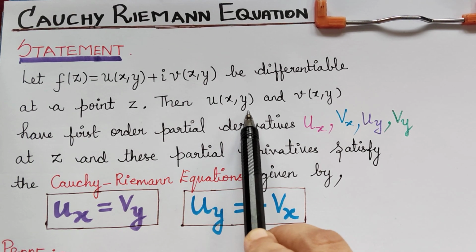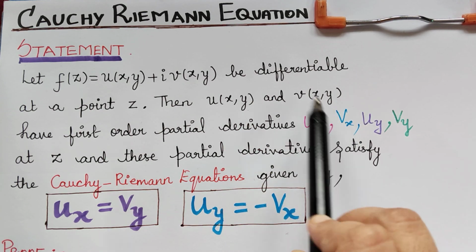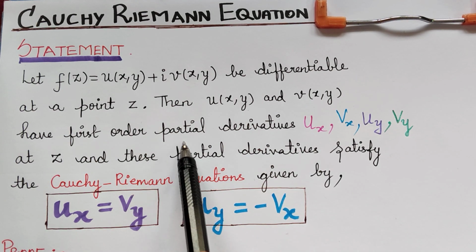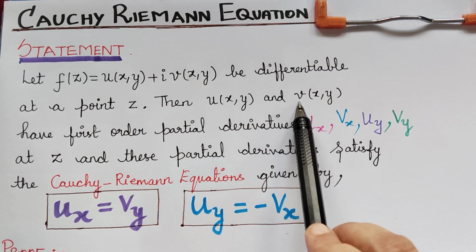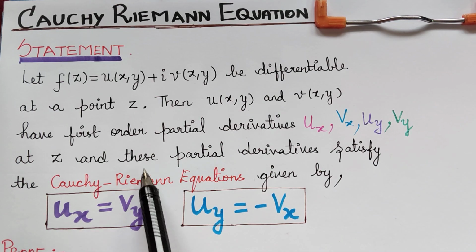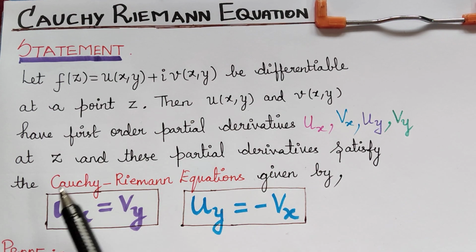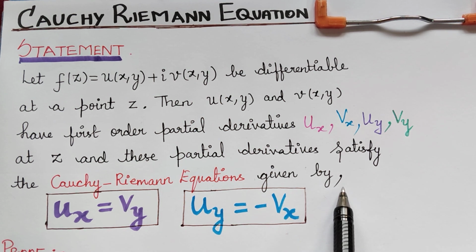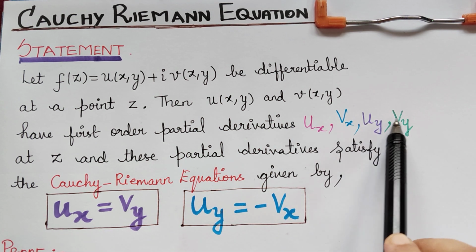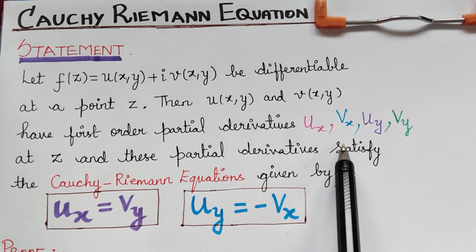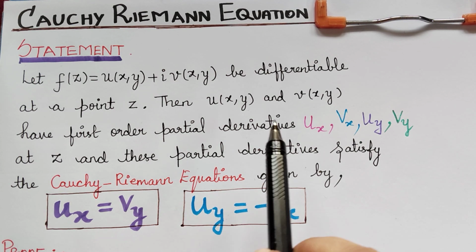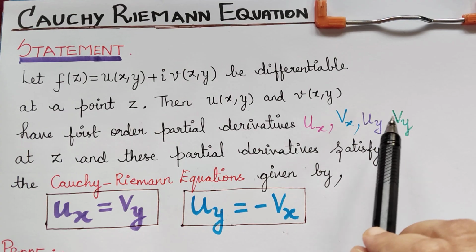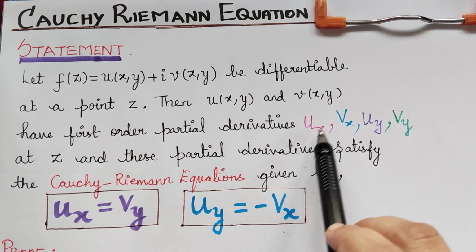Then u of x comma y and v of x comma y have first order partial derivatives ux, vx, uy and vy at z, and these partial derivatives satisfy the Cauchy-Riemann equations given by ux is equal to vy and uy is equal to minus vx. So these are known as the Cauchy-Riemann equations, and ux, vx, uy, vy are first order partial derivatives.